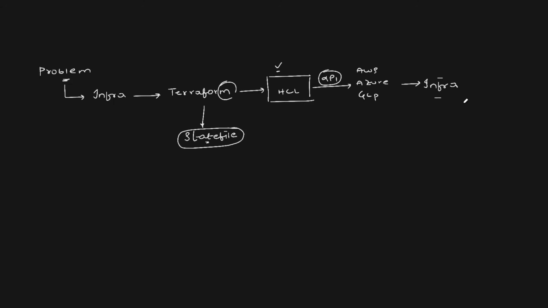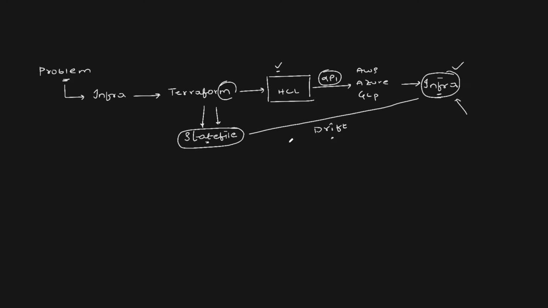But what if some developer or some DevOps engineer manually updates the infrastructure, maybe during an incident, which is very common in organizations? Now, this manual infrastructure updation is not notified back to Terraform. Terraform does not have a mechanism at the moment, and Terraform does not update the state file. This is called infrastructure drift.